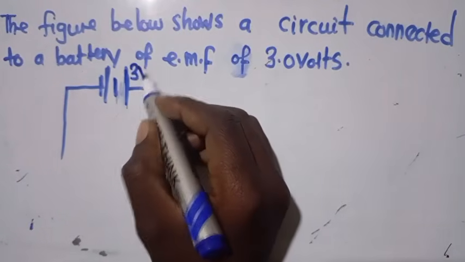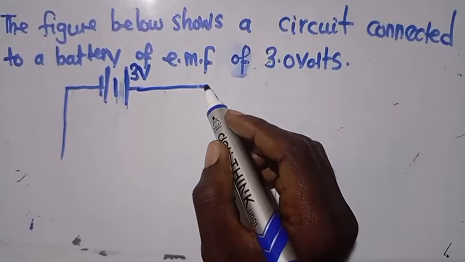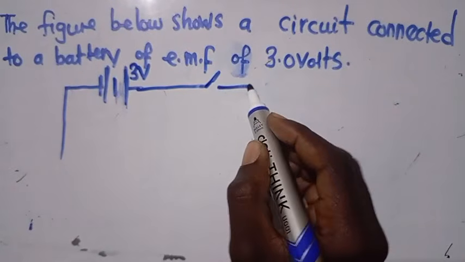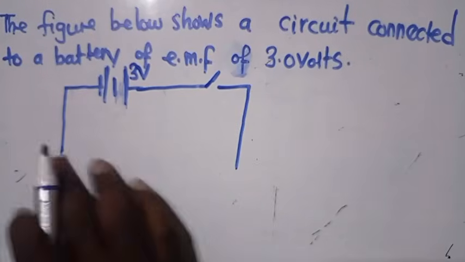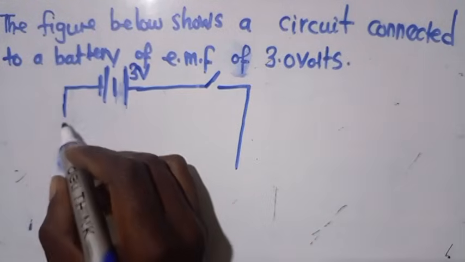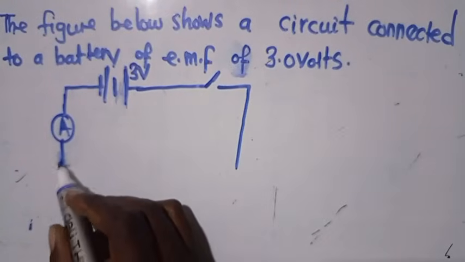This is 3 volts. Then it is going like this. Here we've got a switch like this. Make sure you are writing down. Here we've got an ammeter.